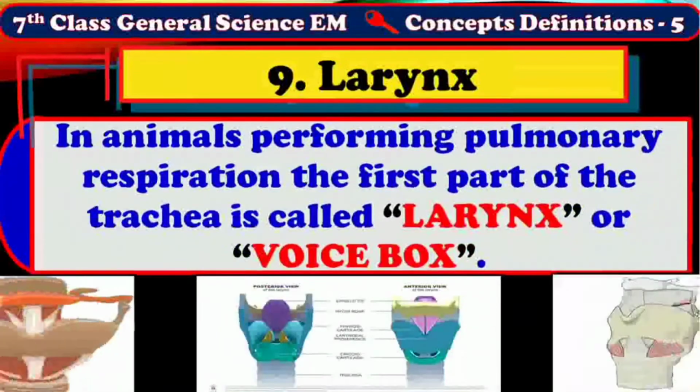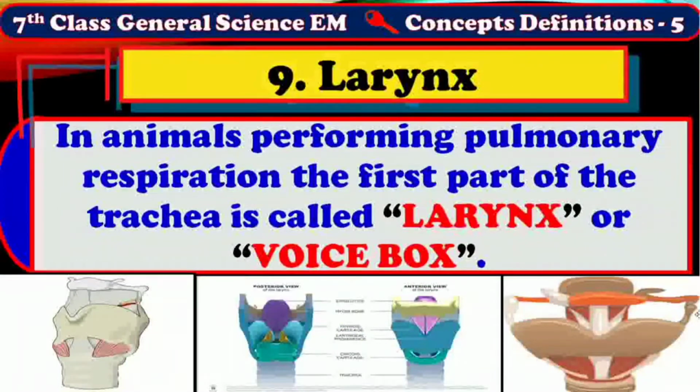Larynx. In animals performing pulmonary respiration, the first part of the trachea is called larynx. We can call larynx as voice box also. This larynx is made up of cartilage, and it contains vocal cords, which are otherwise known as vocal folds.